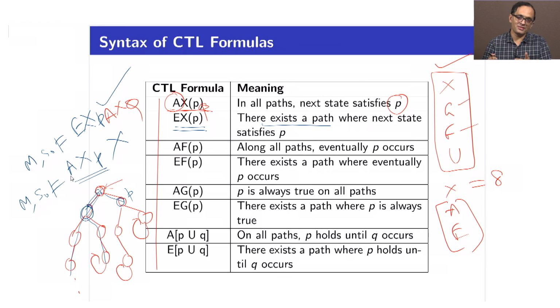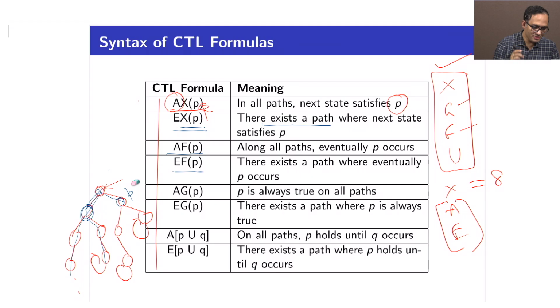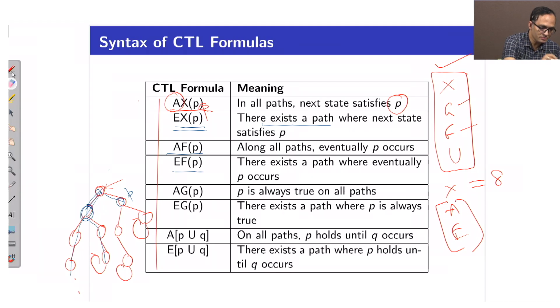It is basically the next state only, whether you want to check for all paths or at least one path. Similarly, if I understand this, I can easily identify AF and EF. I know F is eventual, that means in some future state. Now, let us take the same example again. Let us say P holds here, P holds here, and so on.